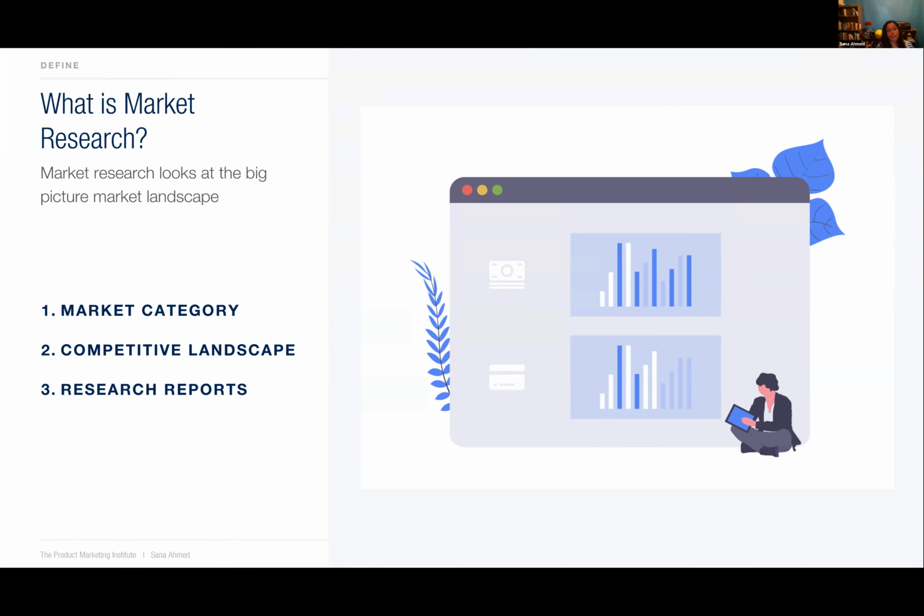And the third thing you want to do is be able to refer to research reports. So what that means is if there are analyst reports, industry research reports, there are so many out there, right? Depending on what market category your product is in, you would go look for those things and see what's happening in that specific part of the market. Who are the key players?